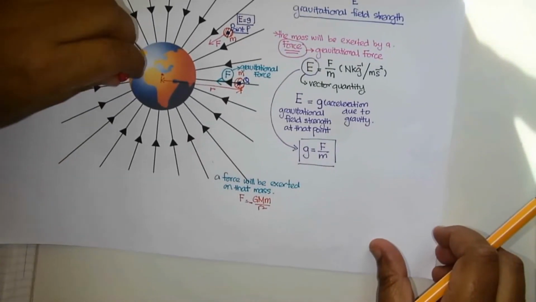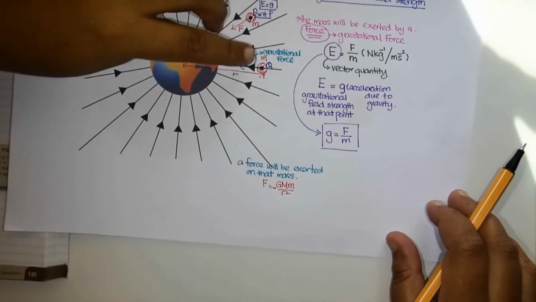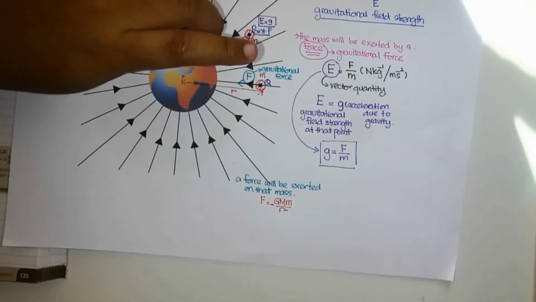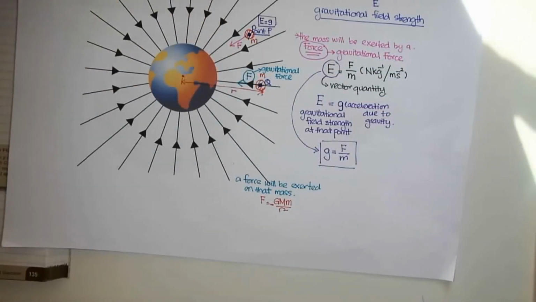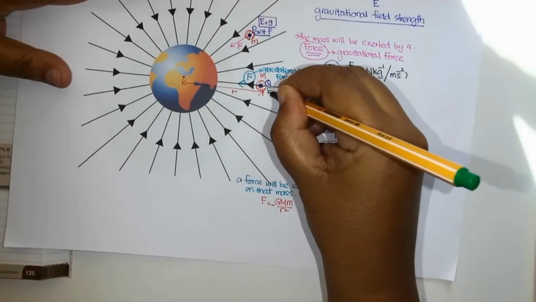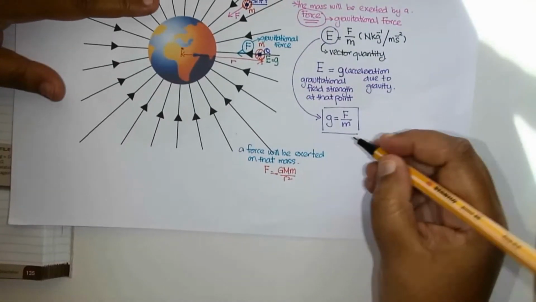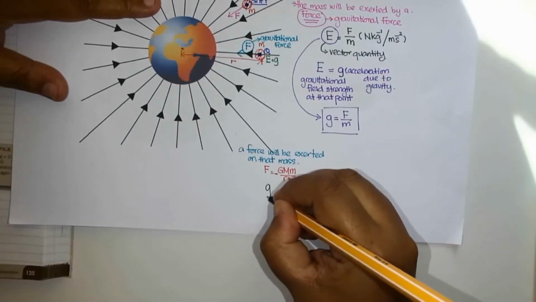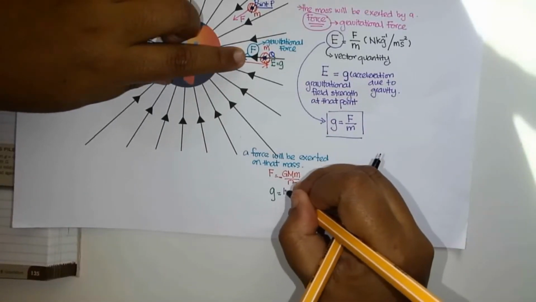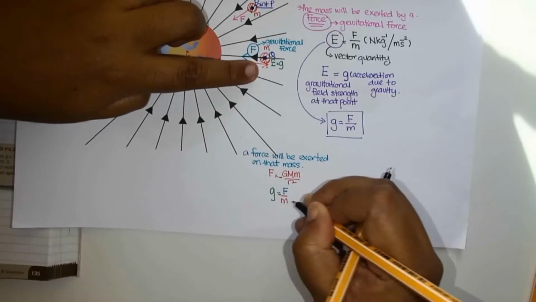Alright, so the gravitational field strength at that point, which I'm going to write in another color, is equal to g at that point. So I can say that the gravitational field at that point is F divided by the mass at that particular point.